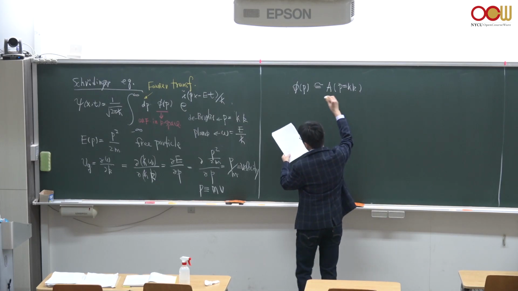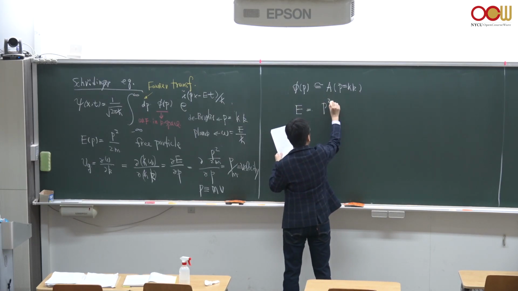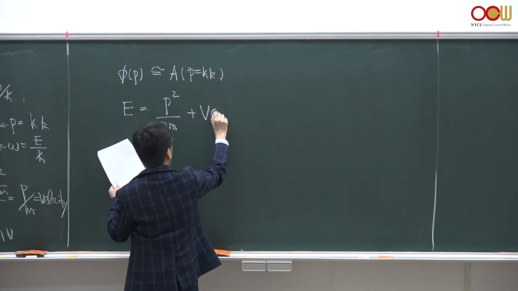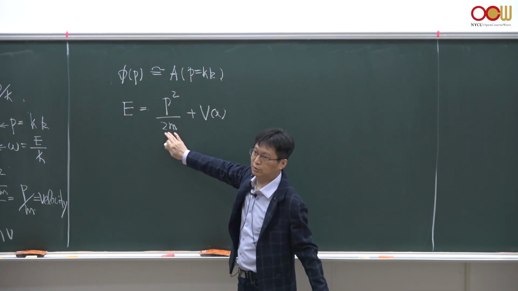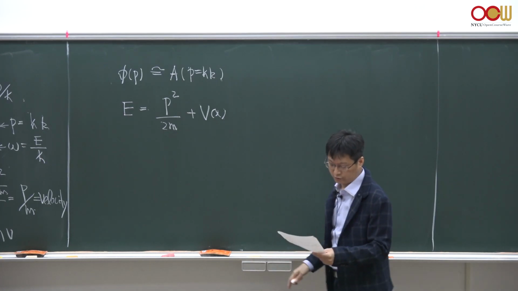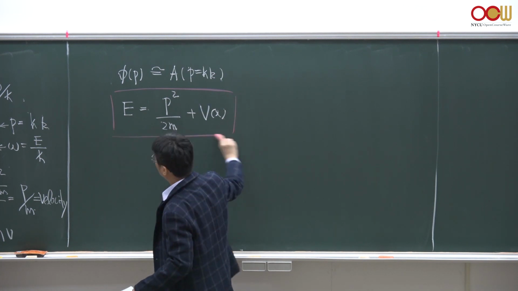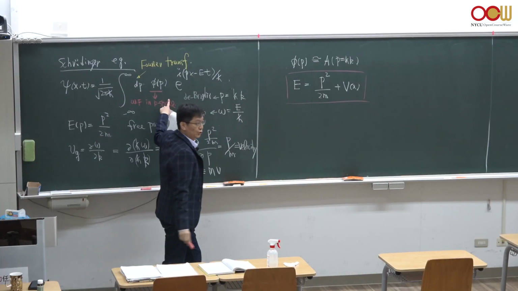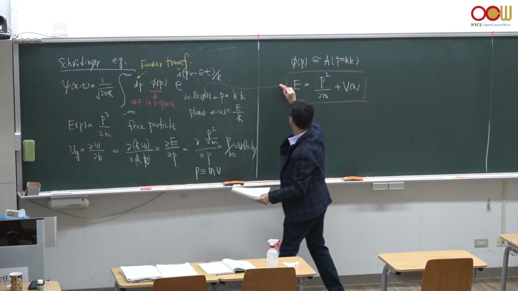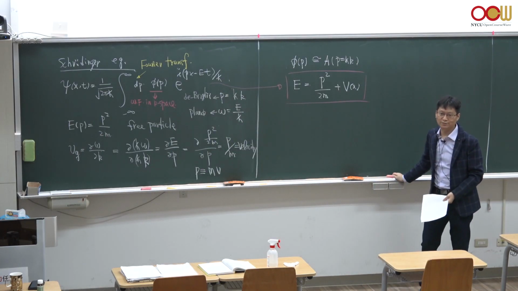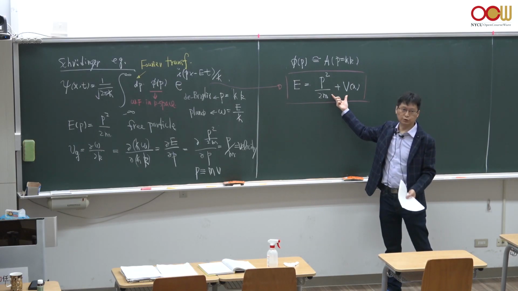Great. So let's derive the Schrödinger equation. The total energy in classical mechanics is given by the sum of two energies. One is the kinetic energy, which is p squared over 2m, and another is the potential energy, V(x). So this wave packet description of quantum matter should reproduce this result, which is energy conservation: the total energy is given by the sum of these two.